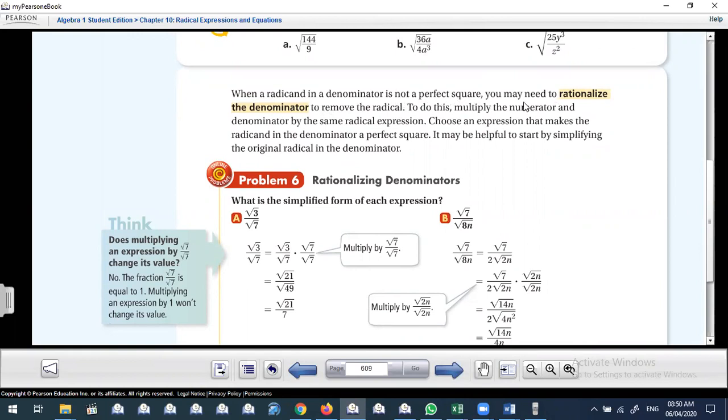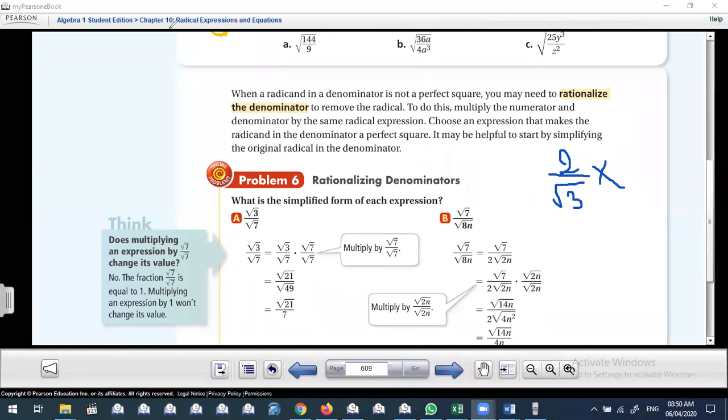You may need to rationalize the denominator. What is the meaning of that? This means that we cannot write any number in simplest form if you have a square root down. Like that, this is wrong. This is not in simplified form. You have to simplify it.